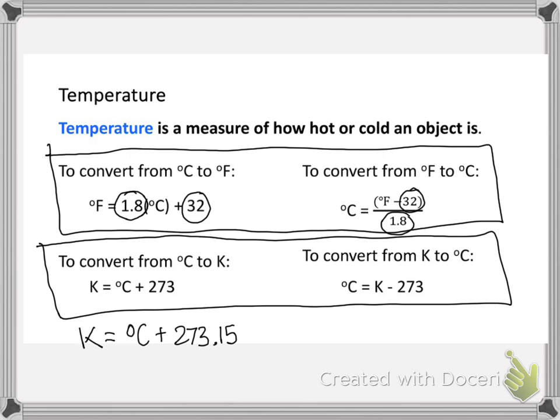So in the big picture here, you need to be familiar with the equations to use to convert between the different temperature units. You do need to be familiar with the temperature units, and then you need to memorize the boiling point and freezing point of water in degrees Celsius.